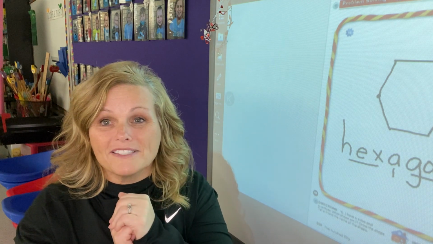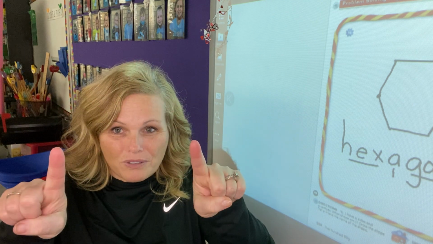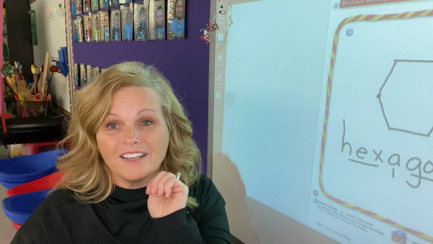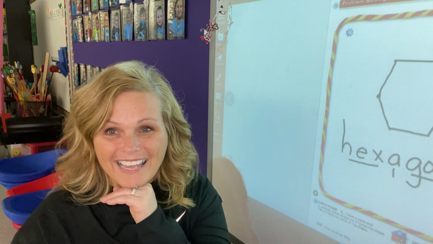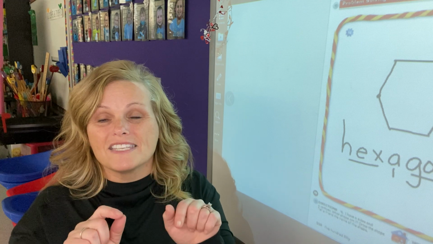Our third shape was a triangle. 3 sides and 3 vertices. Our fourth shape was a rectangle. A rectangle has 4 sides and 4 vertices.